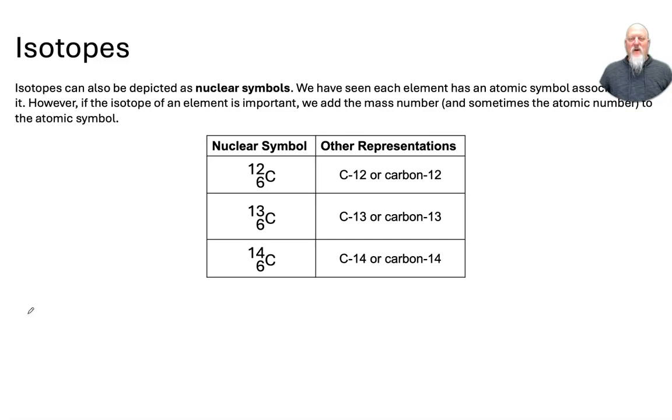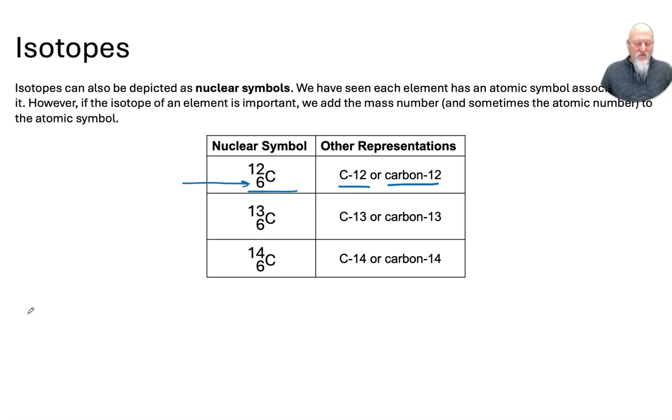All right, so we can write isotope symbols in different ways. Sometimes we'll write it with the name, with a dash, with the mass number, so carbon-12, where the mass number is 12, that tells us we've got 6 protons and 6 neutrons. Sometimes we'll just write it with the symbol of the element, dash, the mass number. And then a really common way to write it is like this, where you have the symbol of the element.